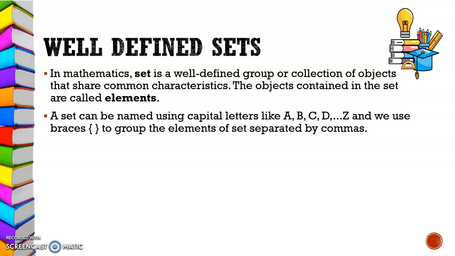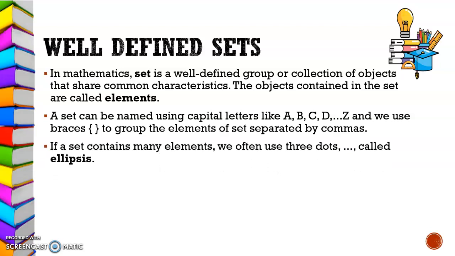So we should use a capital letter. And we use braces, which enclose and group all the elements that we collected. The elements of a set are separated by commas. So when we list our elements, they should be separated by a comma.